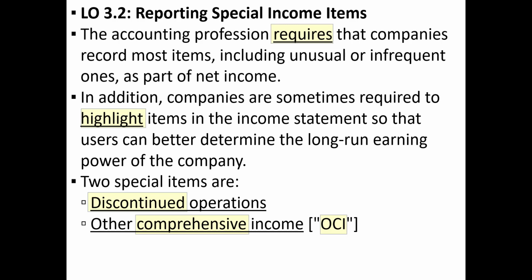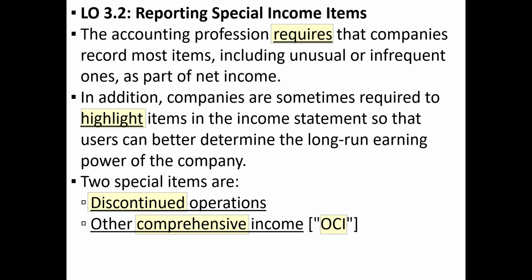That's why you want to practice in the homework sorting out certain information so you can see how it all transpires. But realize that even if a company has certain unusual or infrequent items, they may require specific disclosure on the income statement.